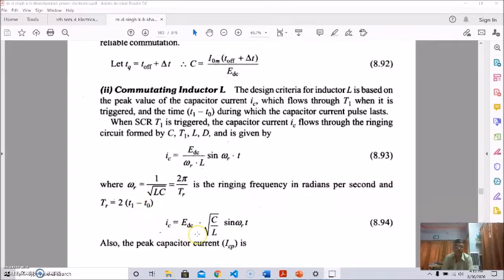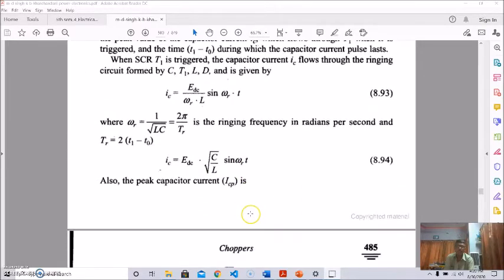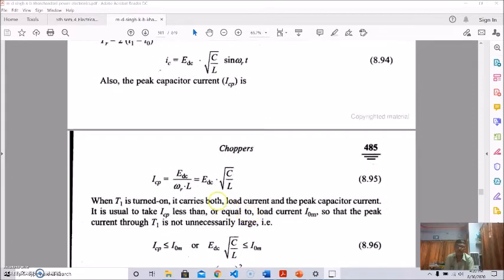Therefore, IC equals EDC root over C by L sine omega t. Also the peak capacitor current ICP is given by EDC by omega L, that is EDC into root over C by L.